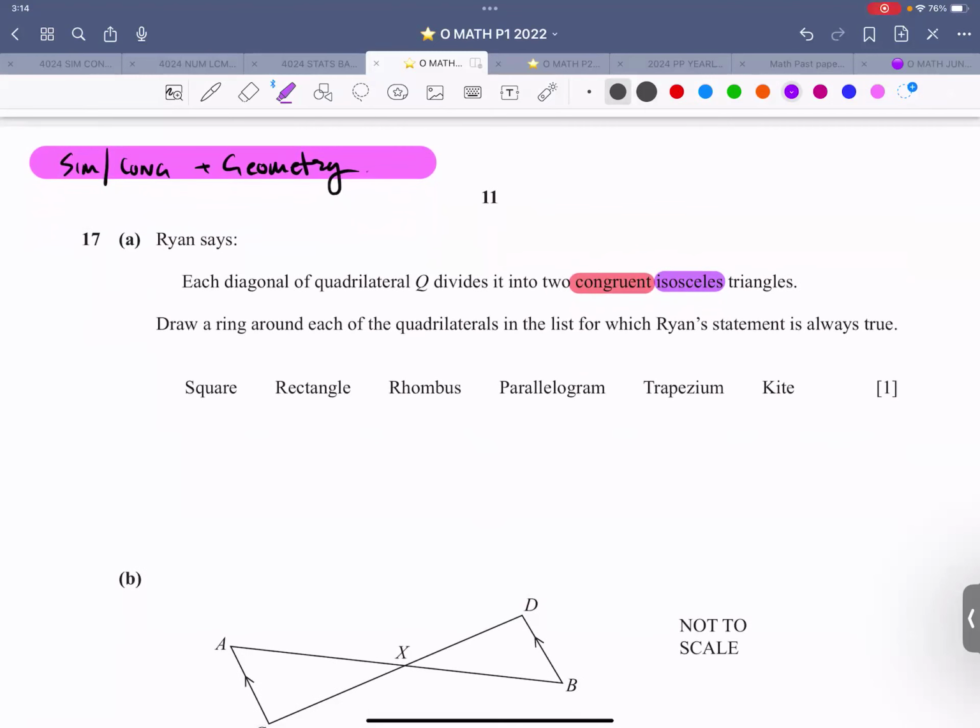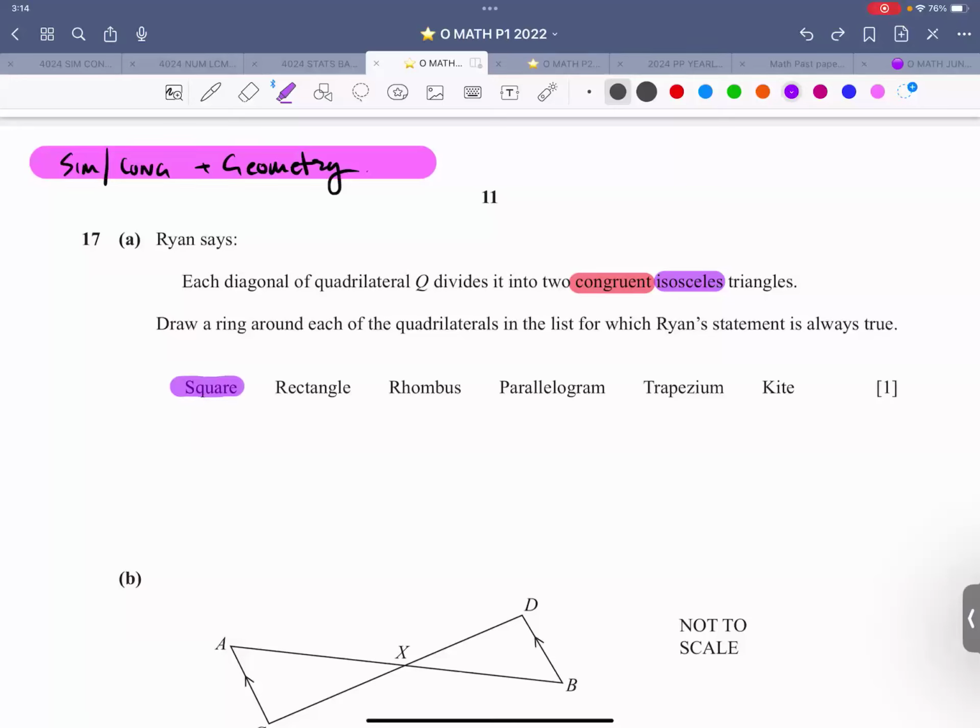Now, if it was about only congruent, then my answers would have been square and rectangle and rhombus and parallelogram. And depends on the trapezium also, maybe. Kite, yeah, also trapezium, maybe a kind of trapezium, also kite. But that's not what they're asking. They're asking congruent isosceles.